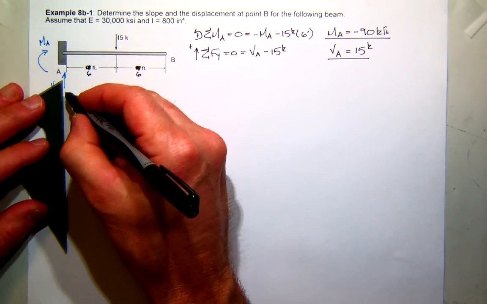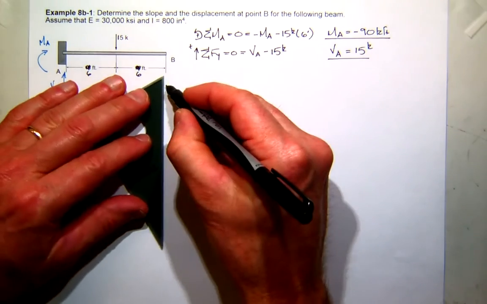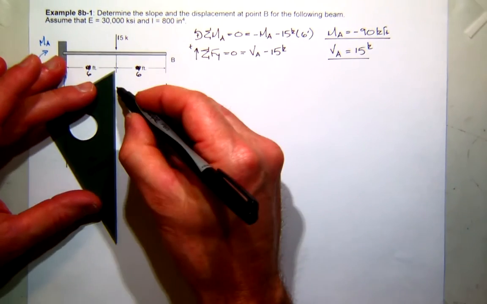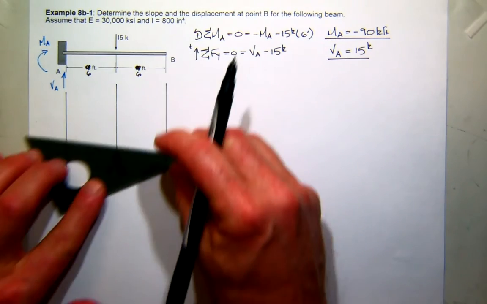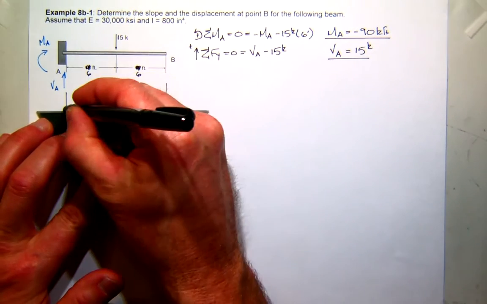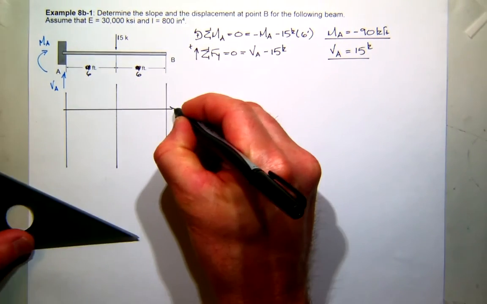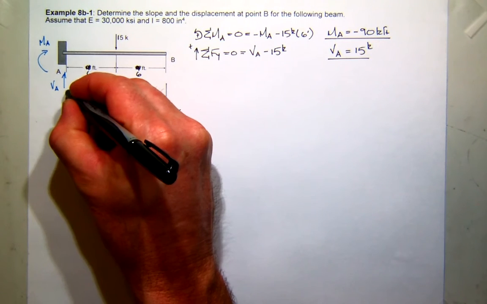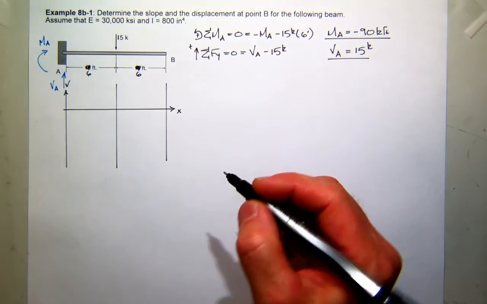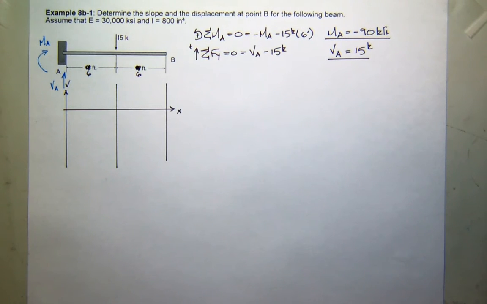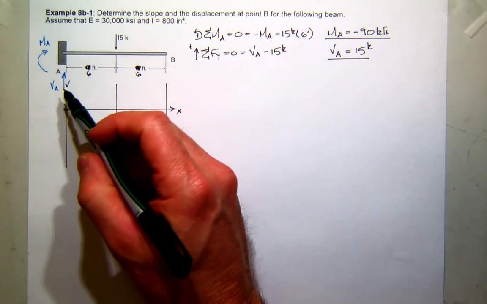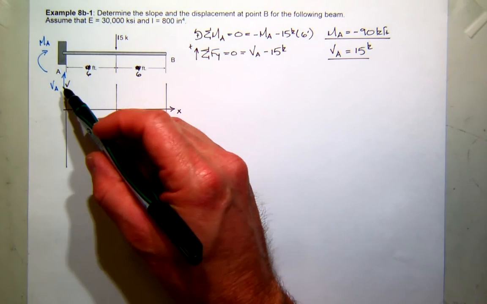So with that information, I can quickly draw my shear force and bending moment diagram. So I'll have a little template here where I can establish positive X, positive shear, and we'll draw the shear diagram. So our shear starts off at a value of 15, and it's positive.